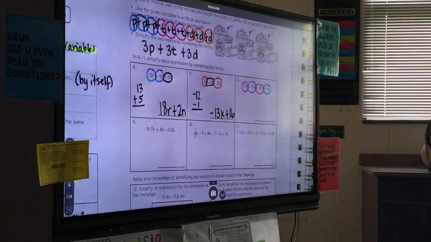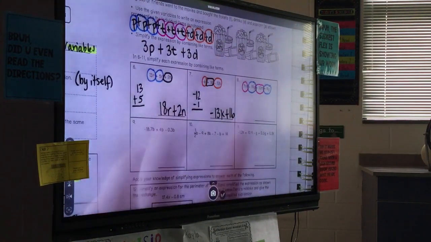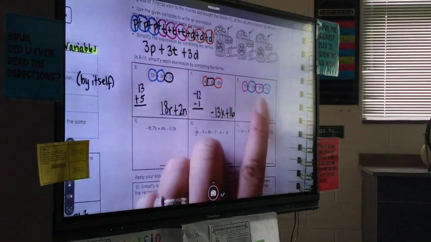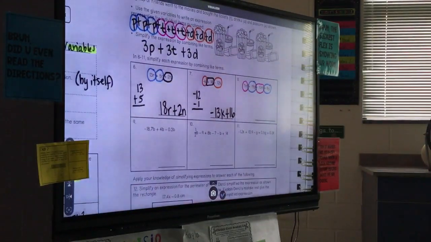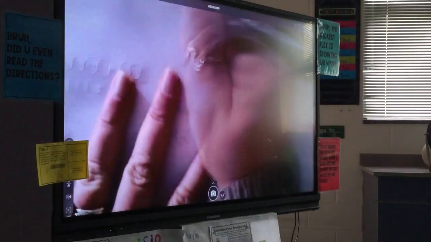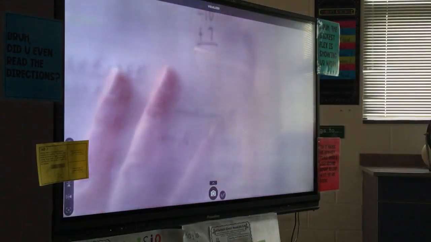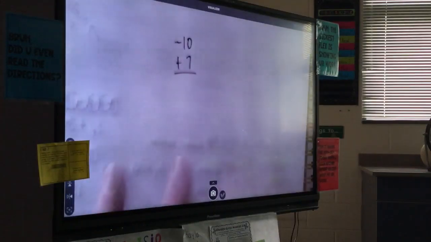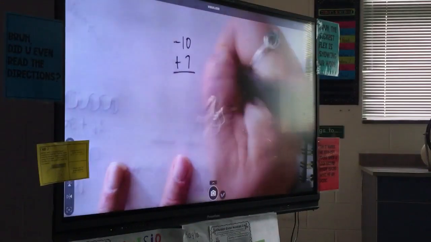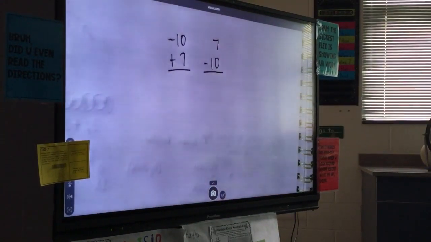Now, there were some conversations about the 7 and the negative 10. It does not matter, guys, if you set it up as negative 10 plus 7, or if you set it up as 7 minus 10, because what do you get with either setup? Negative 3.